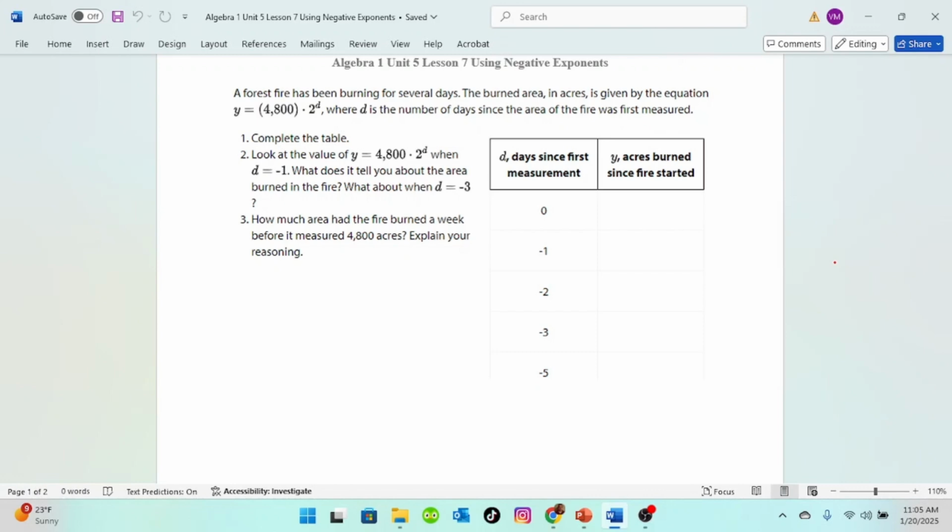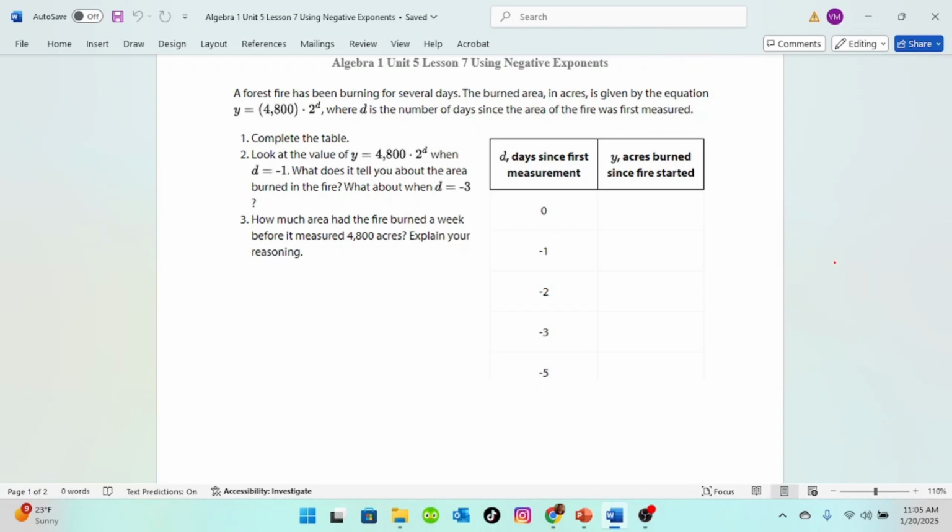Now they want us to complete this table. But notice that on the left, we have the normal 0 days since measurement. That's going to be that initial amount of 4,800. But then you start seeing these negative days. And what that means is that instead of going forward and doubling the size of the fire, we are going to be going backwards to previous days.